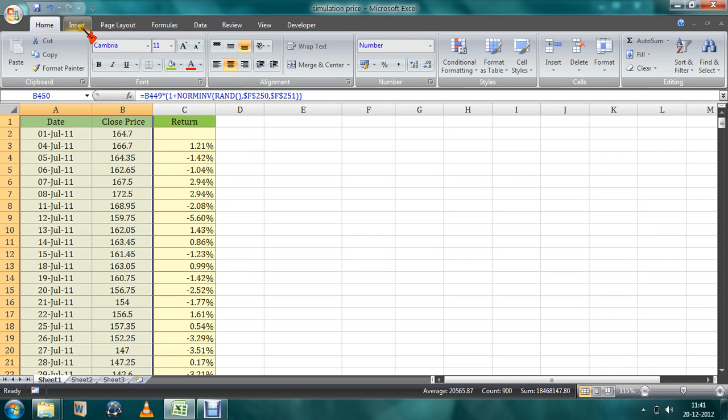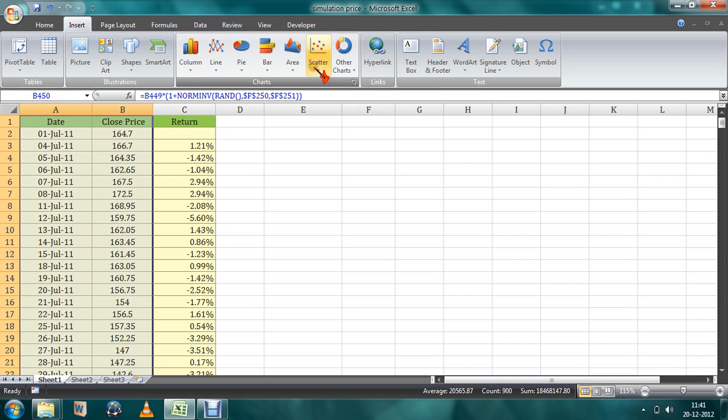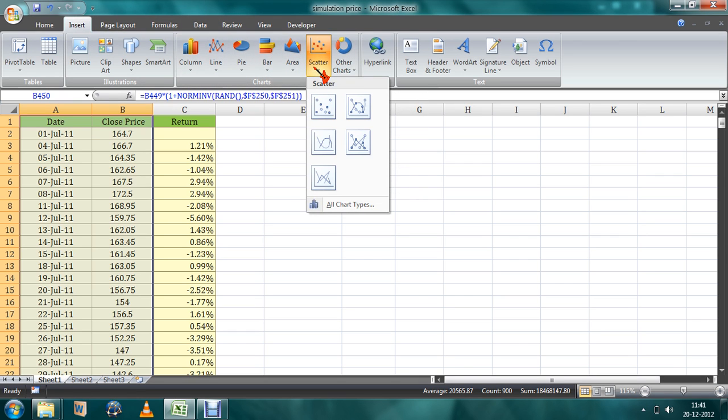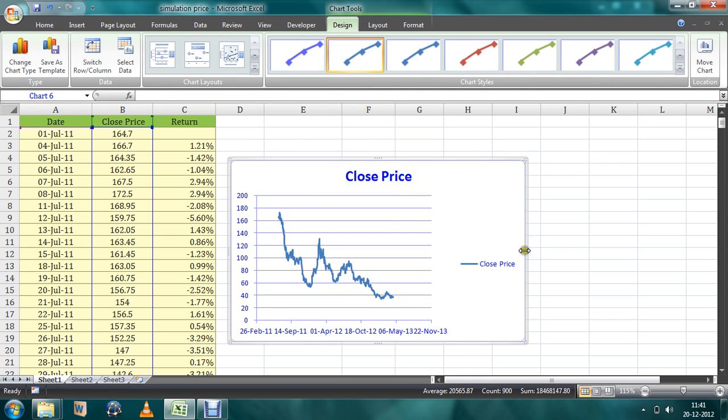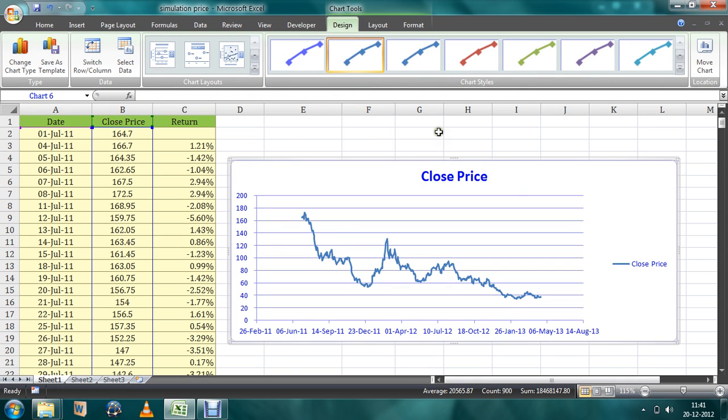Insert, for this we are calculating the graph in a scatter chart. This is the chart for this stock, and till here are the historical prices. From here the future prices will start.